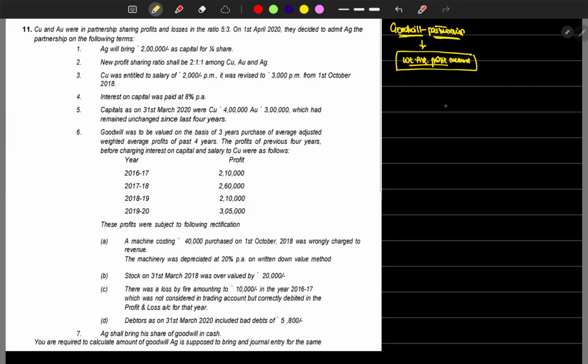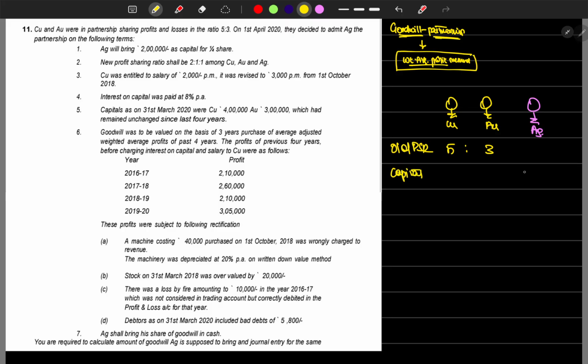There are existing partners, CU and AU. What's the old PSR? Old PSR is 5:3. They are planning to admit a new partner, which is AG. What's the capital brought by AG?